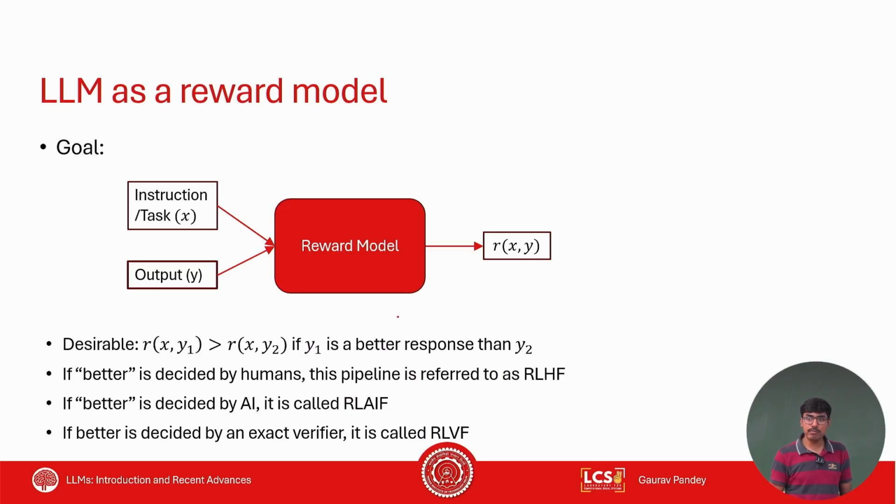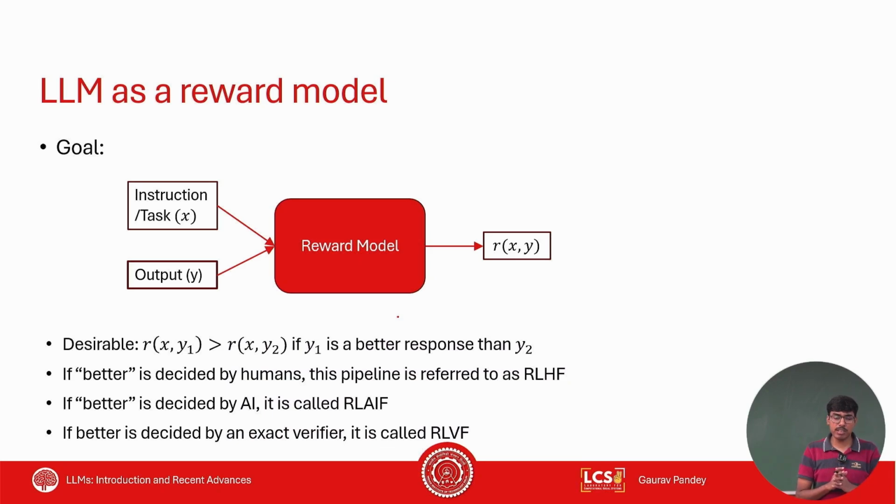Okay, so this was the case where you don't need to worry about reward models. But let's say you are doing essay writing, and you want to train the language model to write very good essays. In such a case, even if you have the ground truth perfect essay, you cannot match it to whatever the LLM generates, because the format might be different, the style might be different, the content might be different.